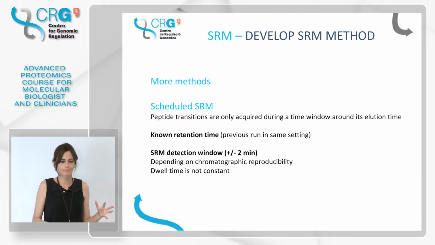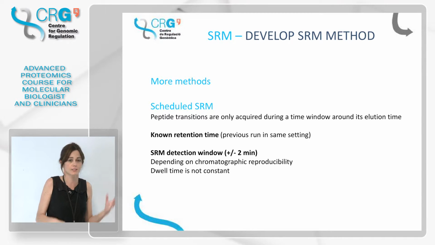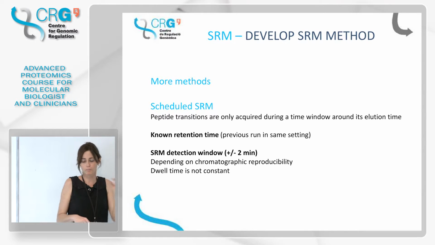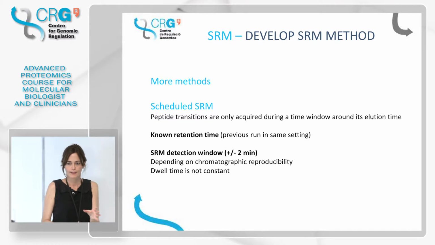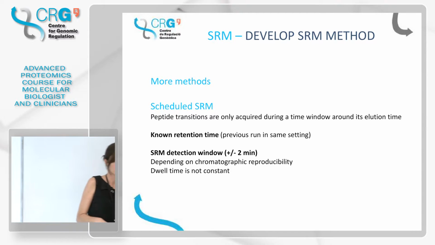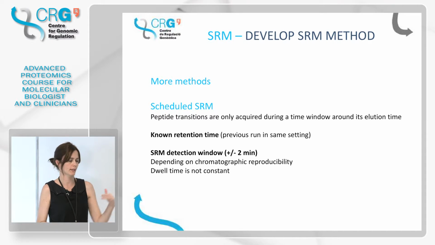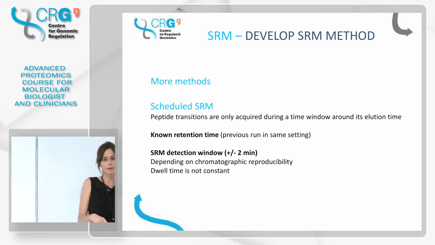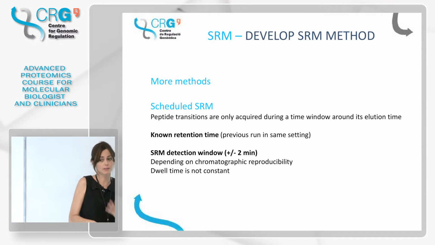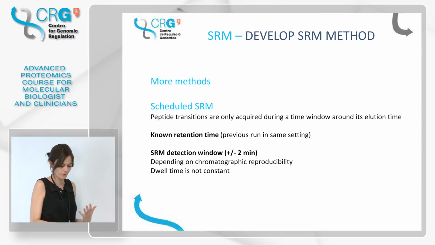If we are badly reproducible with the chromatography, we can say plus minus 6 minutes or plus minus half a minute. And then instead of measuring that same mass during 60 minutes, we only measure that mass during 10 minutes or 2 minutes. This is a way in which we can add more transitions in one same method. Ideally, we want to keep everything in one method, because it simplifies our work a lot.